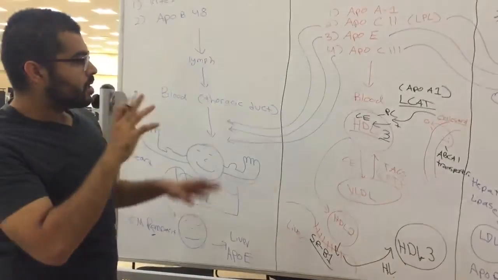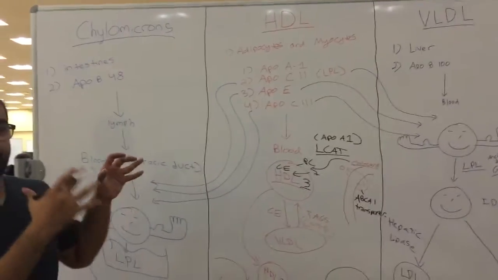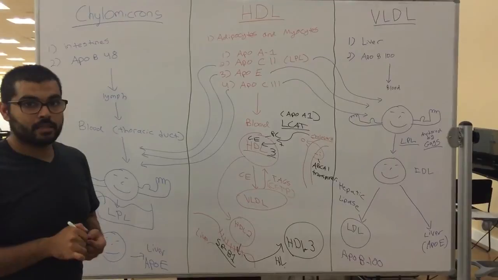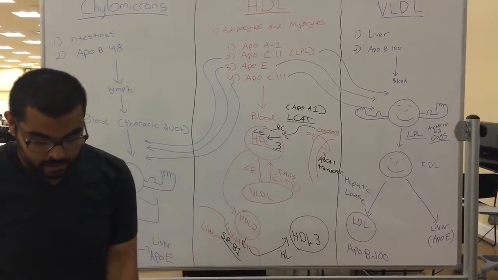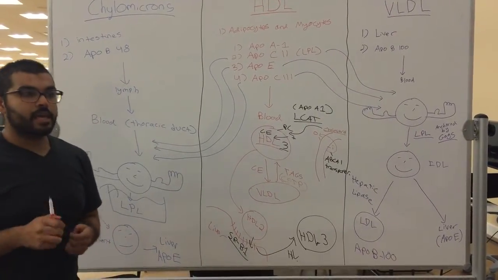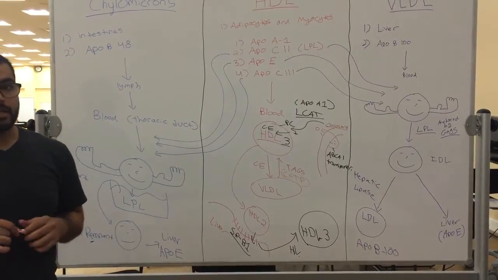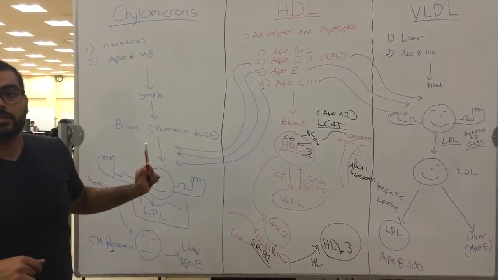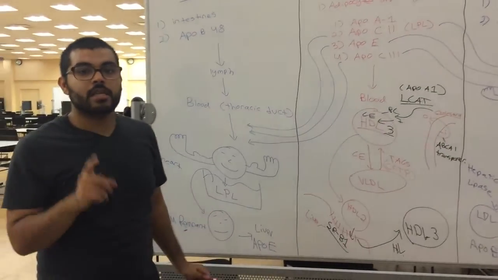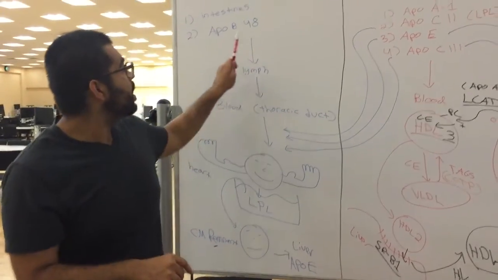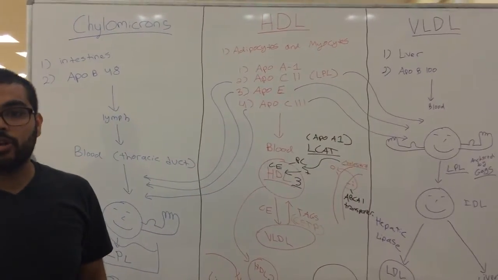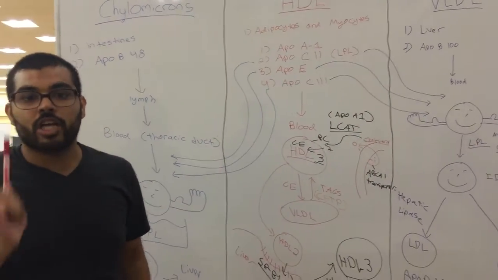right? So basically this is the overview of lipoproteins. Now one thing to keep in mind is you have a certain disease, and that's going to be a hypolipidemia, that you will not produce VLDL or your chylomicrons because there's a certain protein that's deficient, and its job is to recognize ApoB48 and ApoB100, and that is your MTP, microsomal transfer protein.